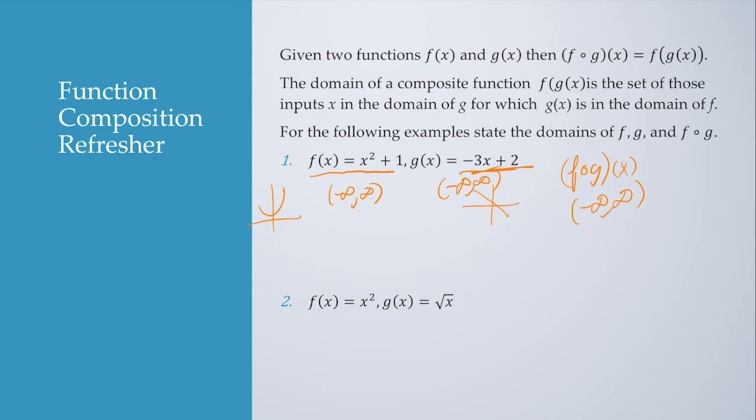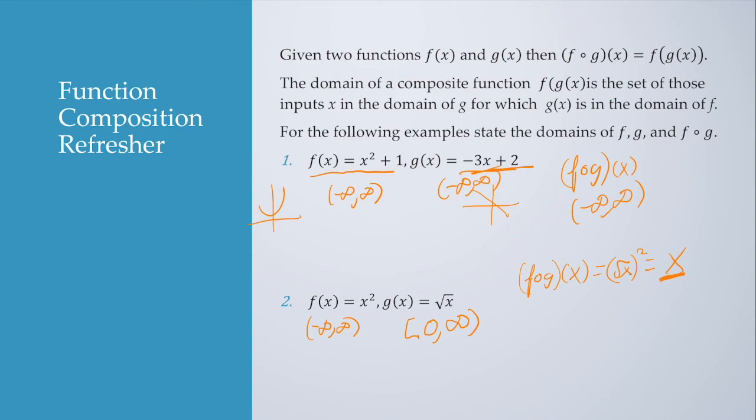Let's take a look at example 2. F of x has a domain of negative infinity to positive infinity. G of x is the square root of x. Remember, I can only take the square root of non-negative numbers. So my g of x domain goes from 0 to infinity. If I was to go ahead and compose these functions, I would get the square root of x squared, which is just x, right?